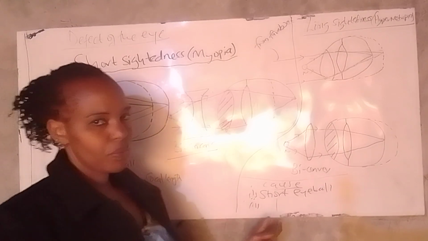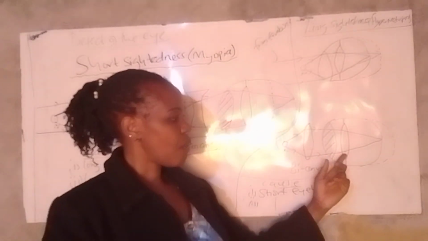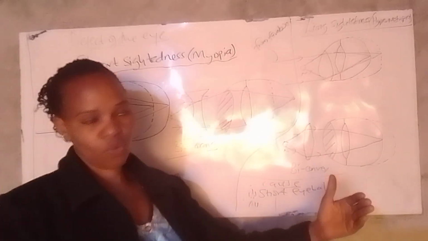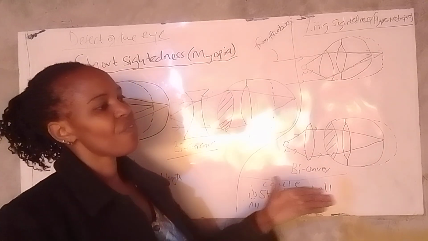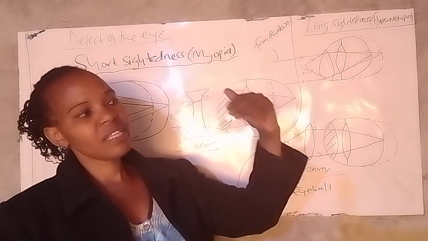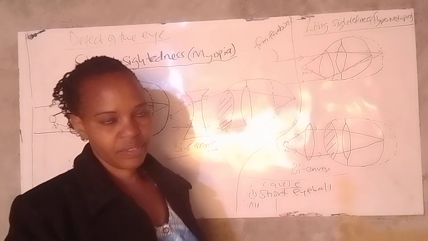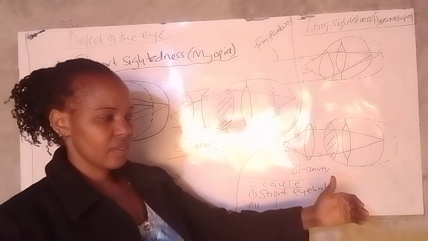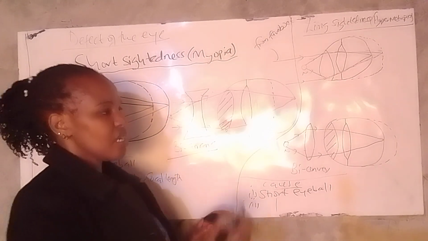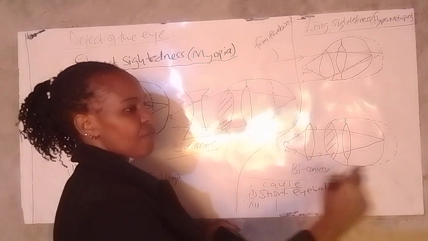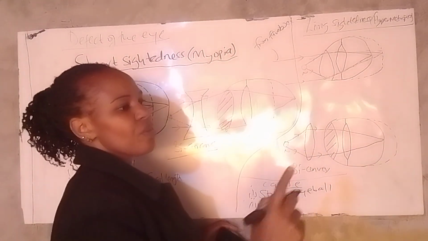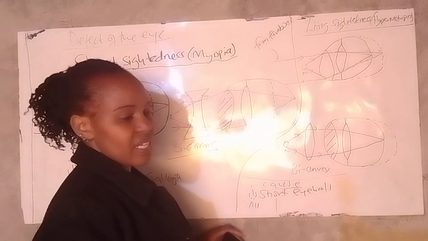This time it's the opposite. The focal length of our eye lens is too long, so that now after converging, the images are forming very far from the lens. So a longer focal length, remember, if you can even imagine the rays coming from one point and a shorter focal length and a longer focal length, of course the one that is long will form images far than the one that is short.